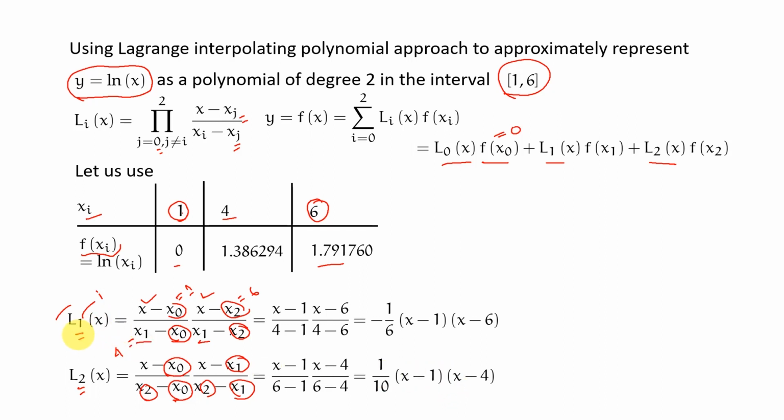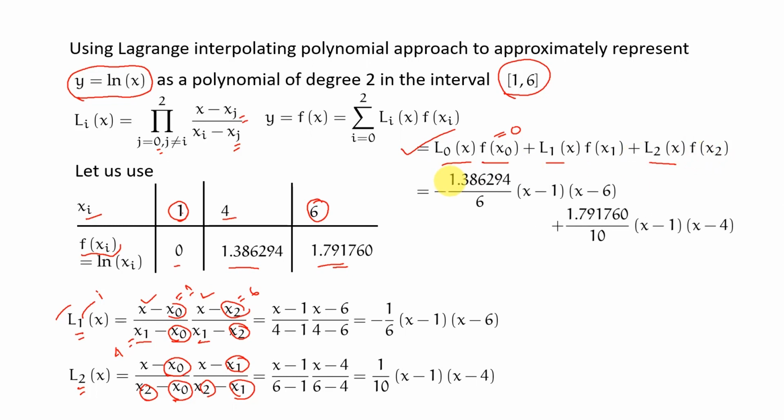Now that I have L1(x) and L2(x), and I already have f(x1) and f(x2), I can go back to the expression and plug in L1(x), f(x1), L2(x), f(x2). f(x1) is 1.386 from here, and L1(x) is minus 1 upon 6, (x minus 1)(x minus 6).